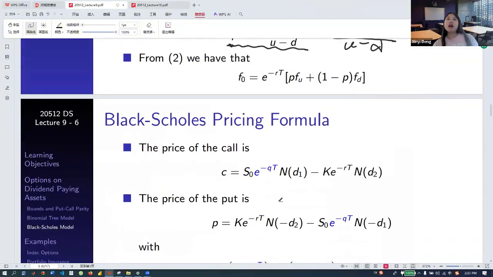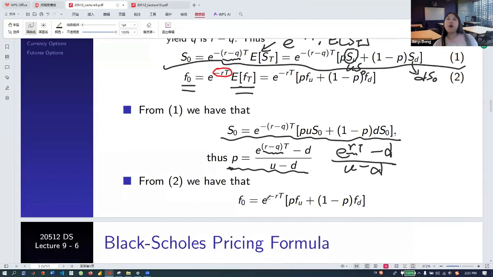Then for the valuation of the option contract, it's the same. We just use the p we just got. Since the risk neutral probability measures the probability of going up in the risk neutral world, it's associated with the underlying asset going up.